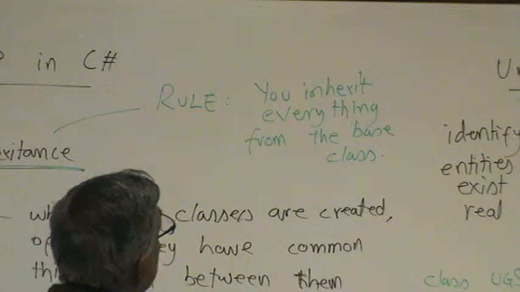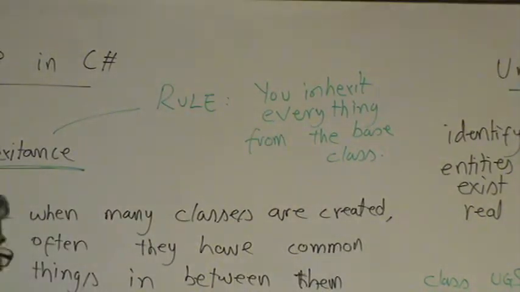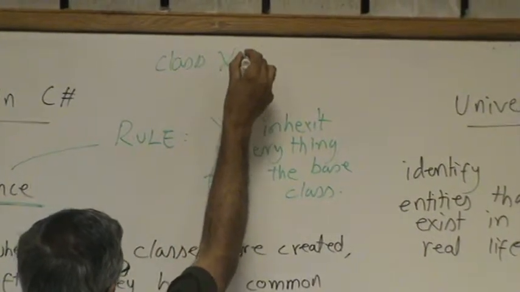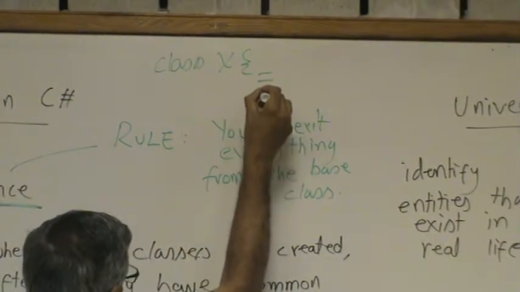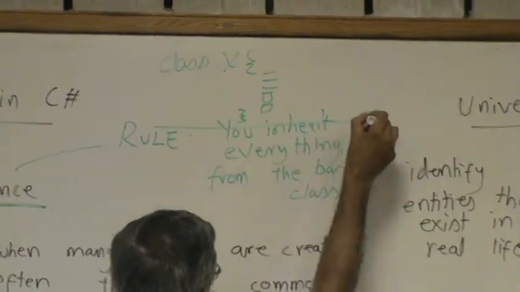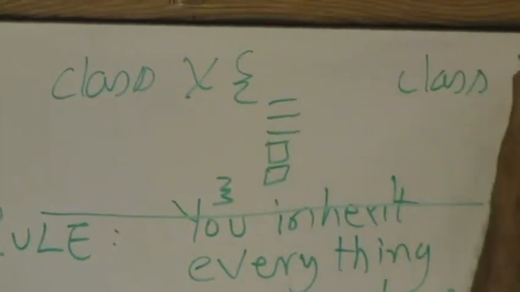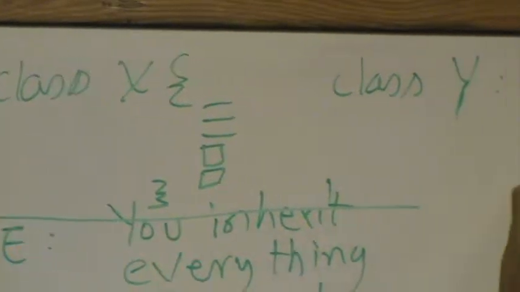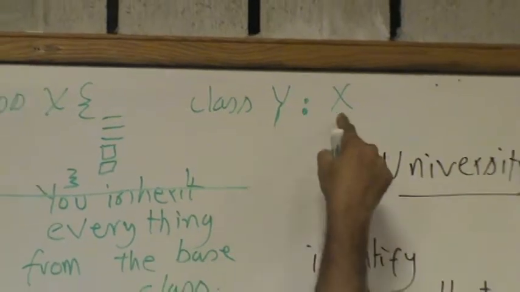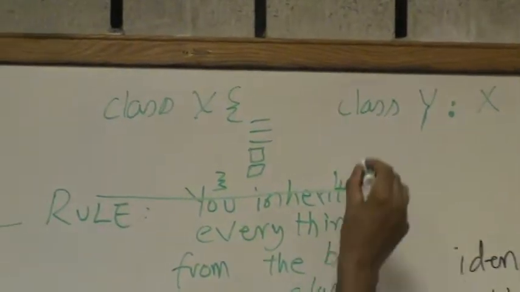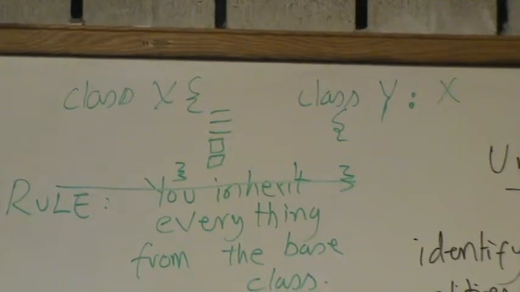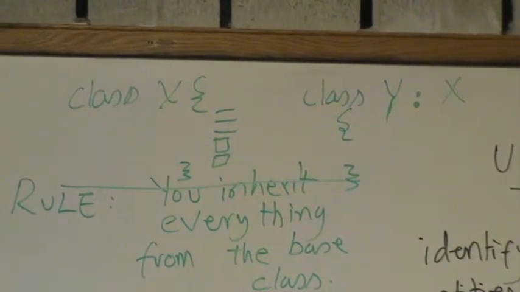Okay, so to clarify this, let's say you created some class called X and you put 3 fields and 2 methods over here, right? Then you created a class called Y. Okay, and in C#, remember we use the colon syntax to indicate we are inheriting from X. So if we just write this and we don't type anything, any code in it, just the begin curly, end curly.